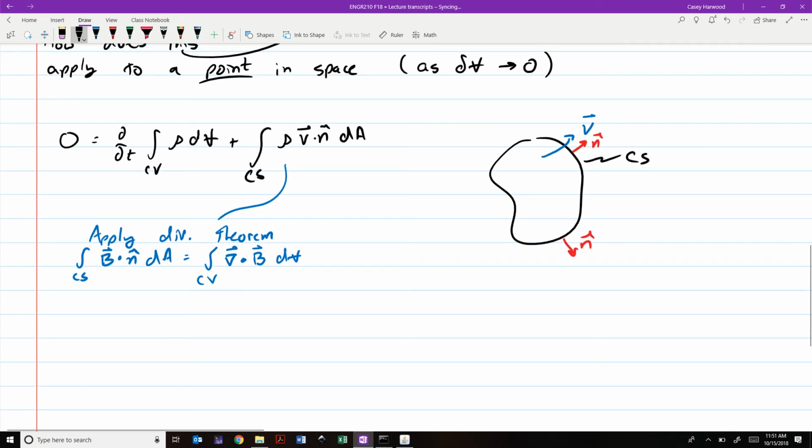So if we plug that in, what we get now is that 0 is equal to the time rate of change of the integral over the control volume of rho dV, plus the integral over the control volume now of rho grad dot v dV.